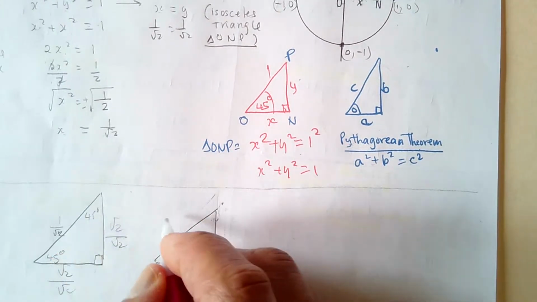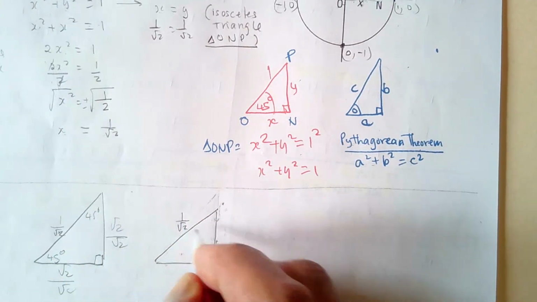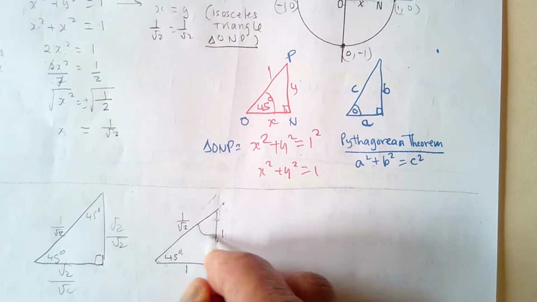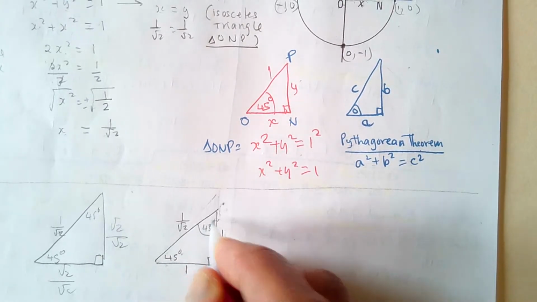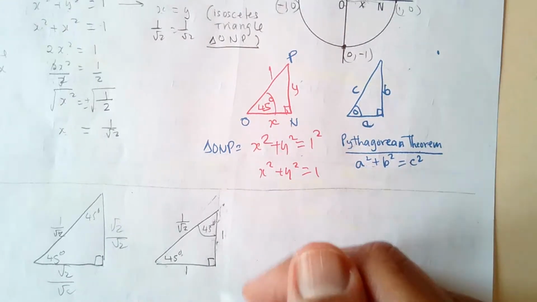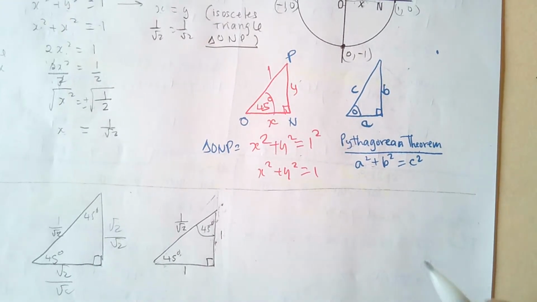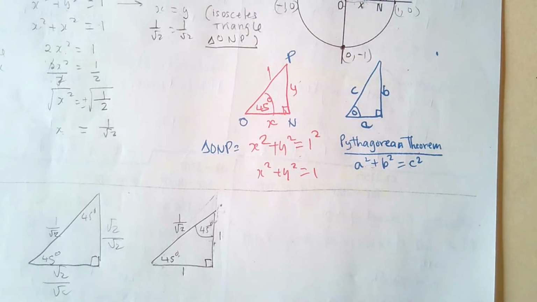So now this becomes 1 over root 2, 1 and 1. So this is referred to as a reference triangle. This is something you want to memorize. From here, we can derive a fair amount of trig ratios.